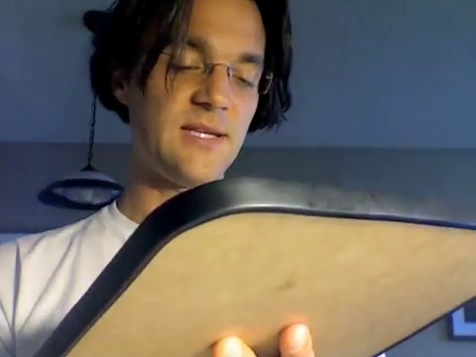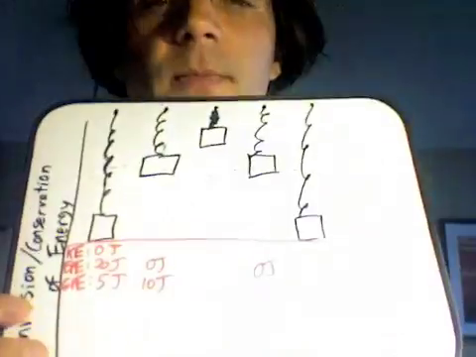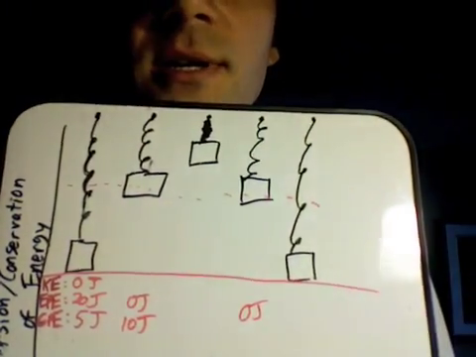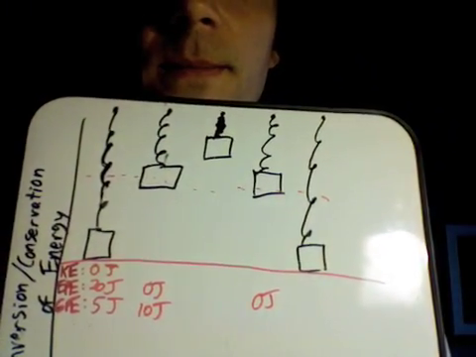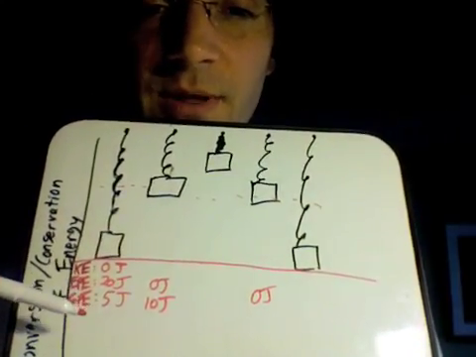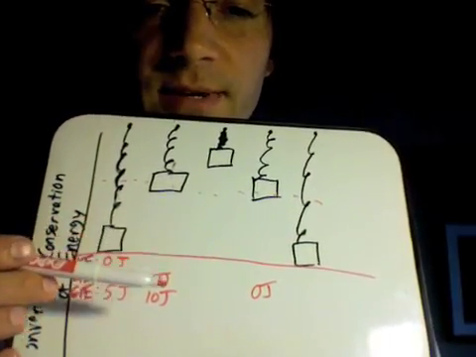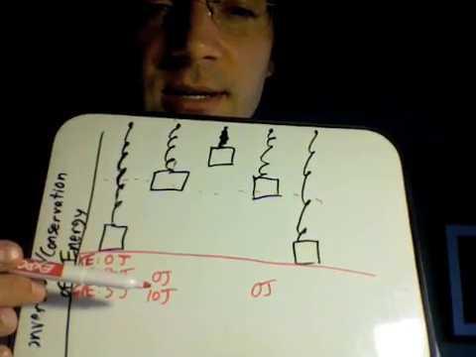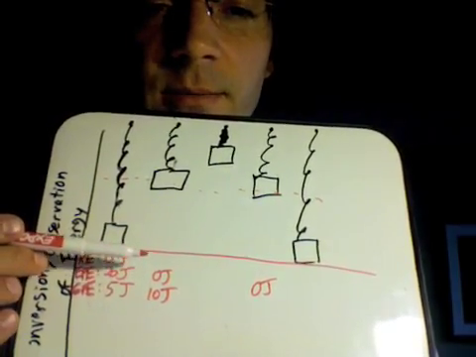Let's say the GPE is 10 joules. How much kinetic energy must there be? If there was 25 joules to begin with, there must be 25 joules here. 10 here, 0 here, there must be 15 joules of kinetic energy.